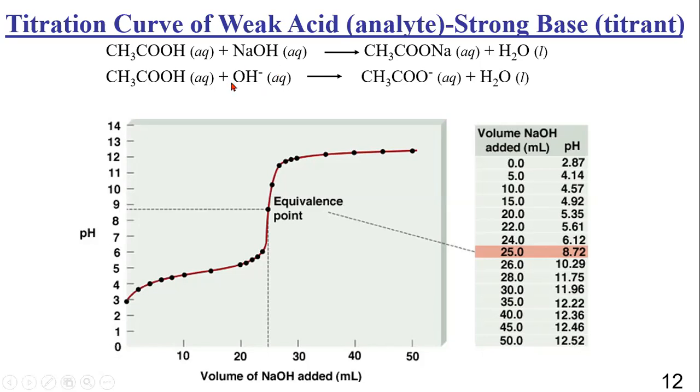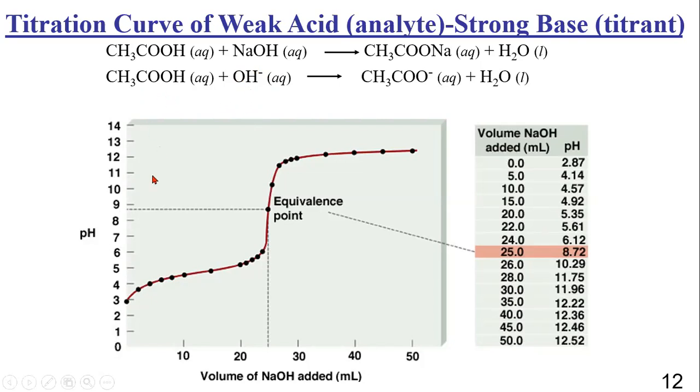Now, initially I only have the acid, HA. As I add OH minus, my OH minus would be my limiting reactant. As the reaction proceeds, it runs out. It's going to become 0.